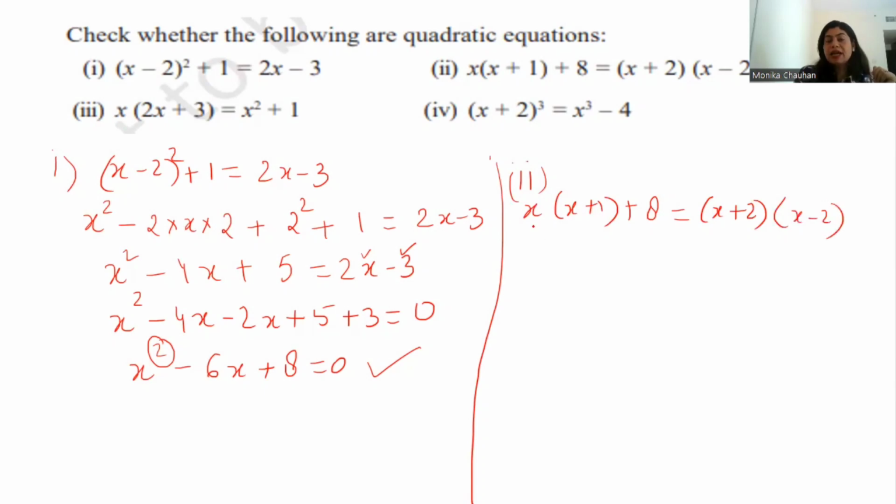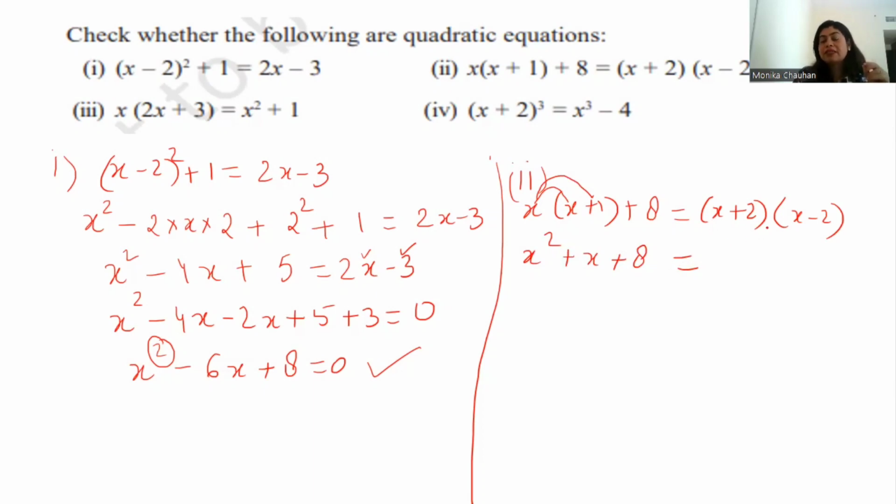You have to solve your left-hand side. So x bracket x plus 1. Use again your distributive property. Open the brackets, multiply the variable or number which is outside the bracket with each of the terms inside. So it is x square plus x plus 8. So this is the solution of the left-hand side.